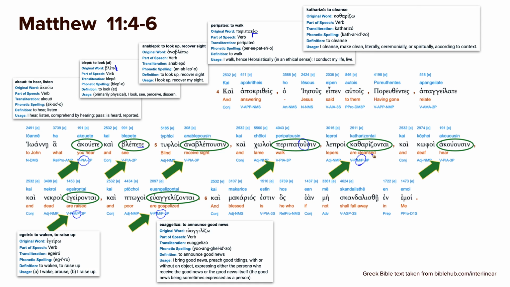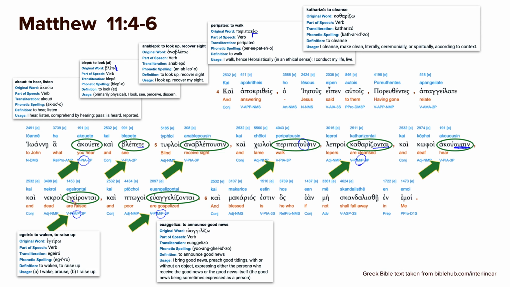And then to cleanse is katharizo. So you just take this and add the passive endings, antai, which is third person plural, katharisantai. And then akuousin. Here we have second person plural, and here we have the third person plural endings, akuousin.